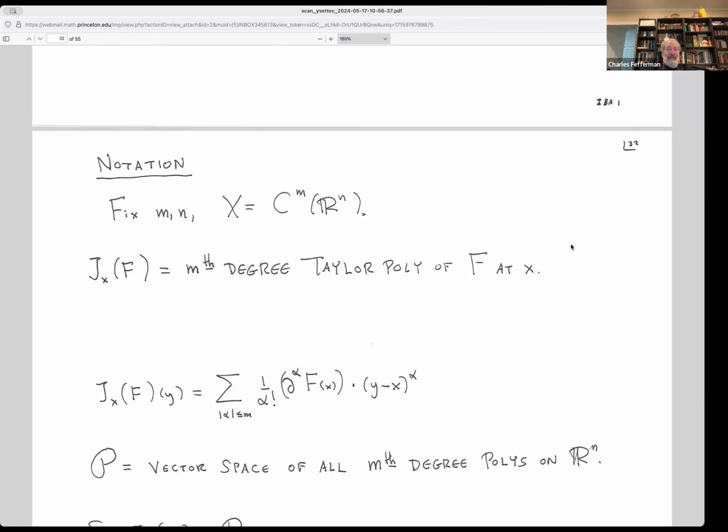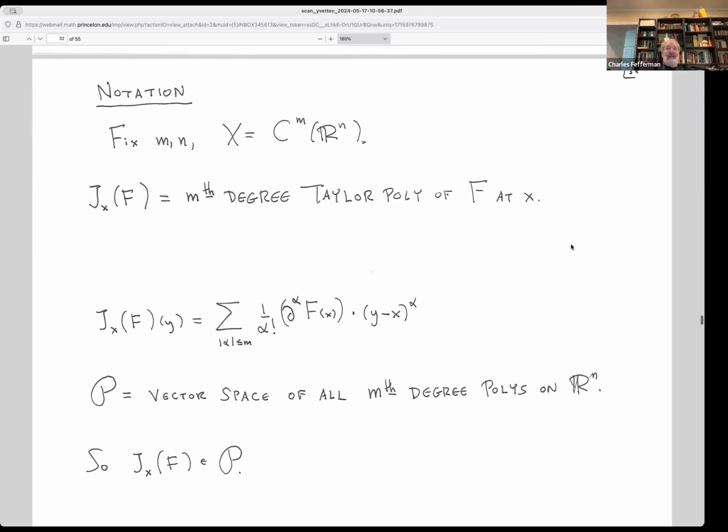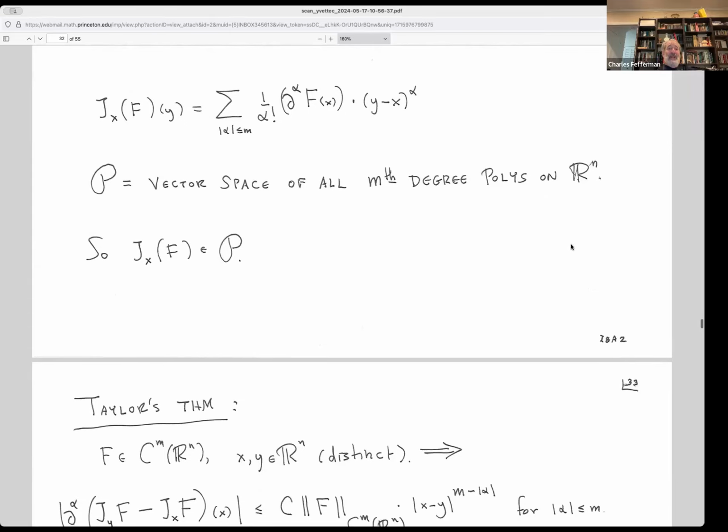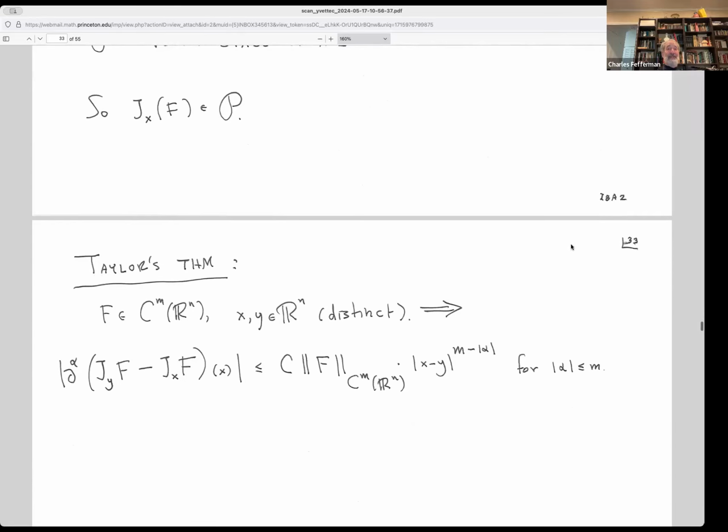That polynomial is an element of the vector space script P, consisting of all such. So script P is the vector space of all mth degree polynomials on R^n, and so the jet at x of F is in the vector space script P. Okay, that's the notation.